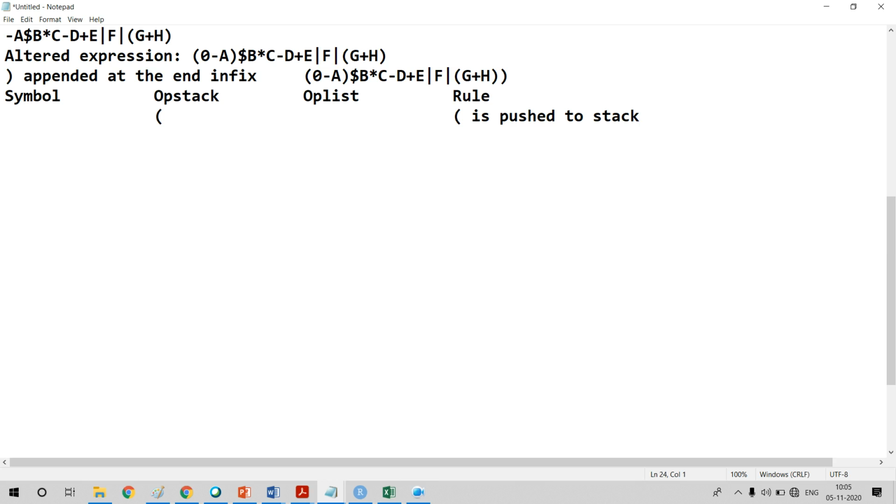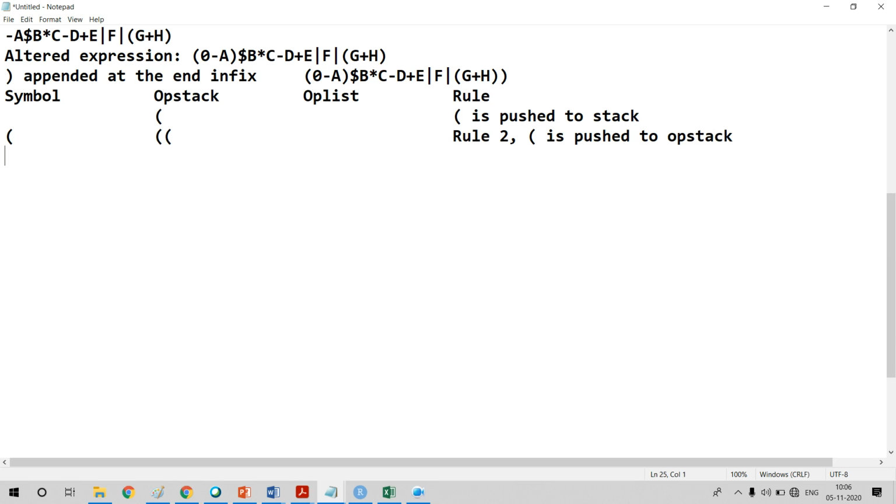Stack was empty, open bracket left parenthesis added. We'll start scanning the symbols. The first symbol is open bracket. As per rule number 2, left parenthesis is pushed to the OP stack.